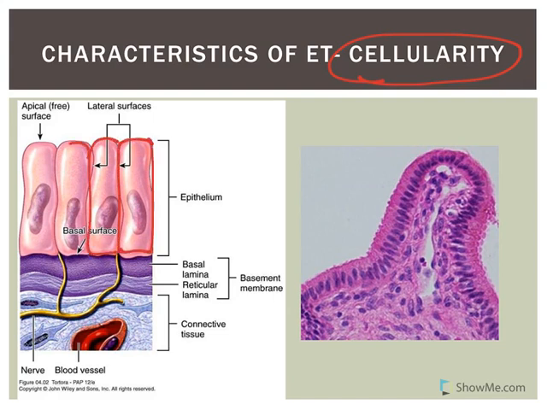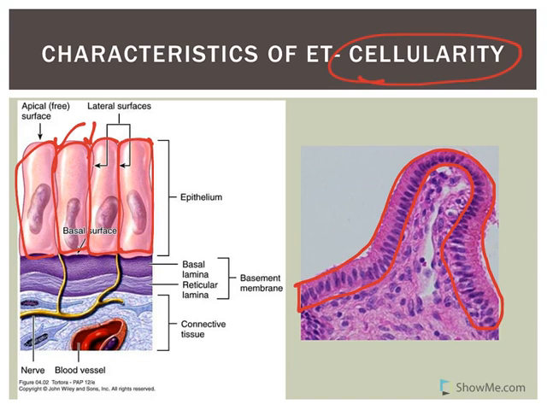Cell, cell, cell, cell. There's not a lot of stuff between them. Over here on the slide, I'm going to highlight the epithelial tissue. So it's the lining, the covering. Here's the epithelial tissue. You see just cell, cell, cell, cell, cell, cell. So it's very cellular. That's going to be way different when you look at the connective tissues.